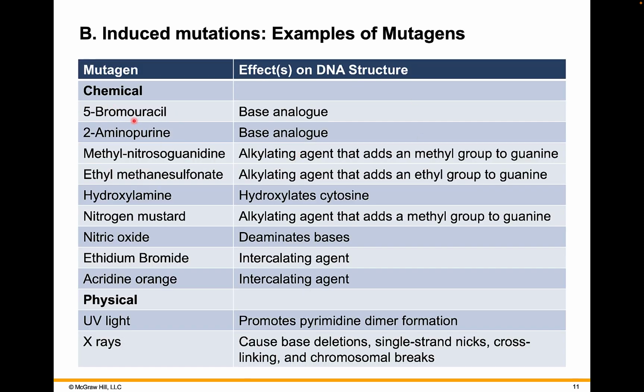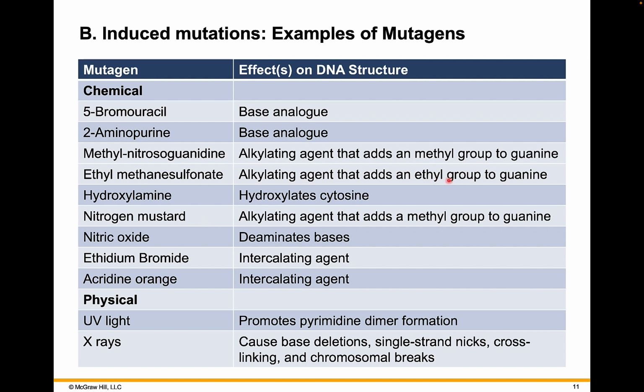Here, 5-bromouracil and 2-aminopurine are the base analogs. On the other hand, methyl nitrosoguanidine and ethyl methyl sulfonate are alkylating agents. Alkylating agents are a class of compounds which can add a methyl or an ethyl group to the guanine.